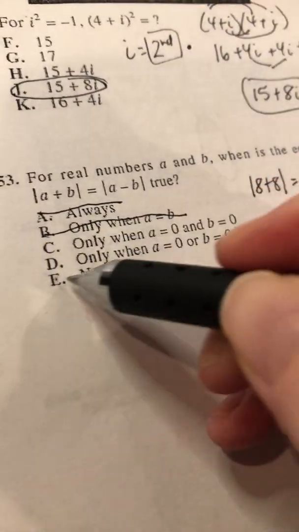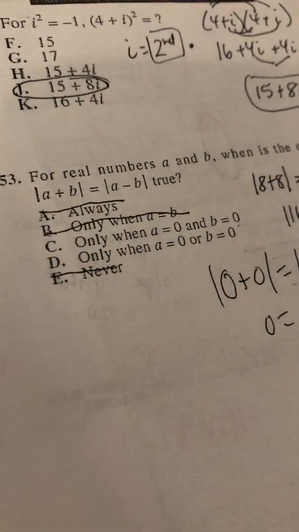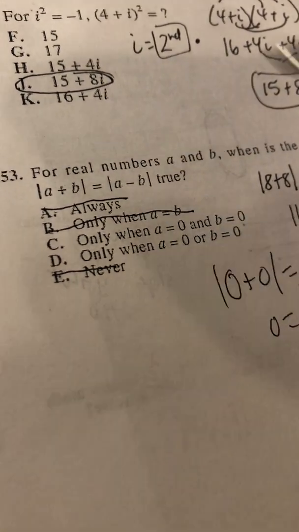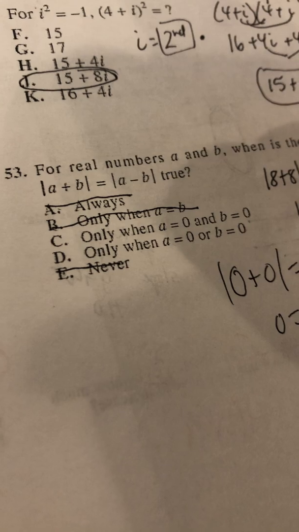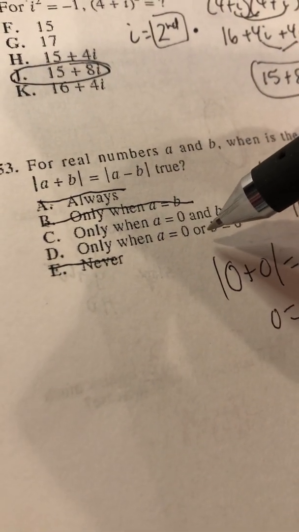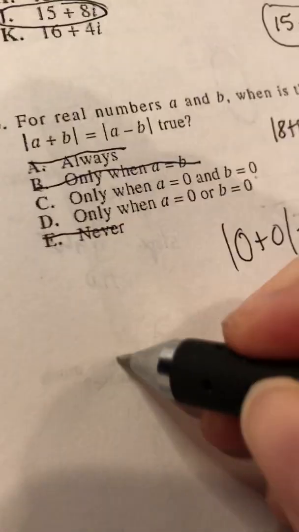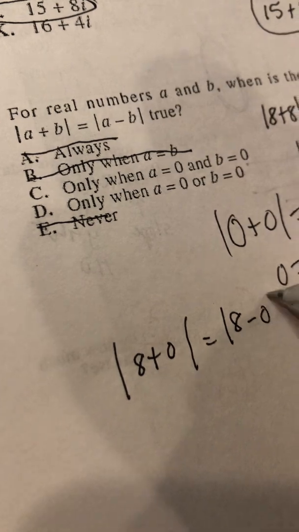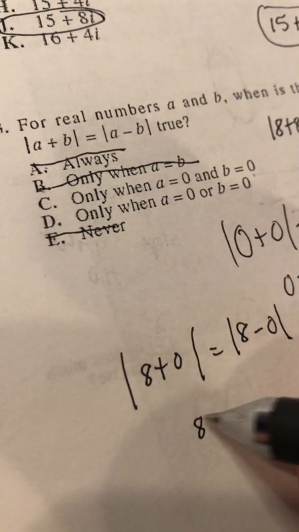So it's not never, right? Because we know zeros work. So now it's between these two fancy words. And means very restricted. They both have to be zeros. D says or, either A or B, meaning I can do 8 plus 0 and 8 minus 0. That's 8 equals 8.